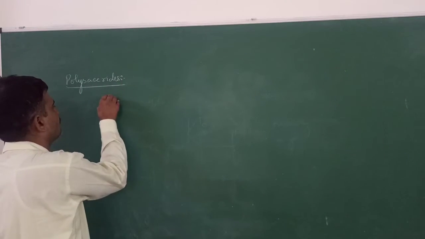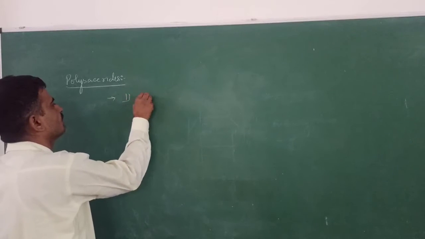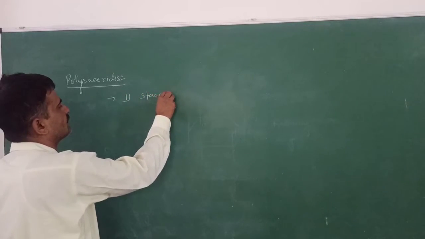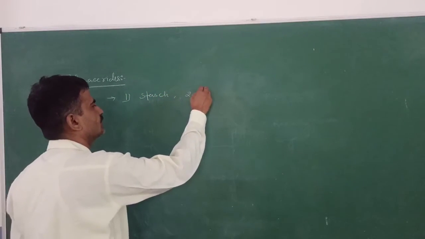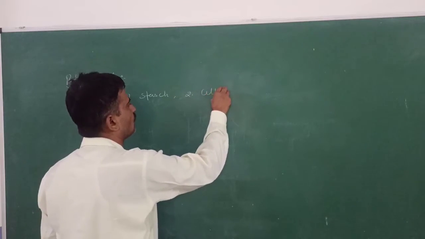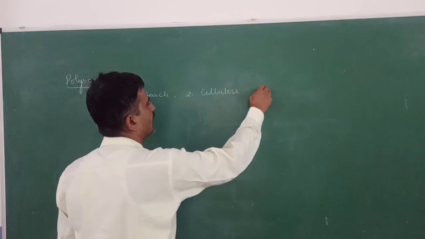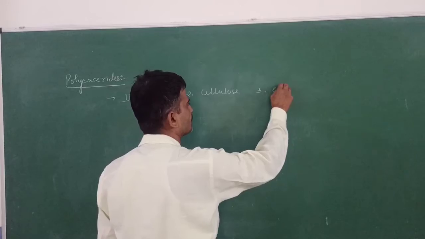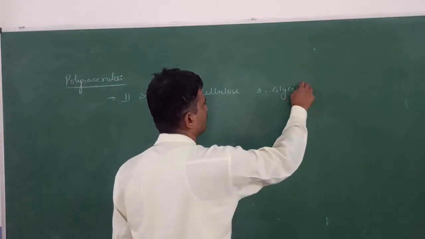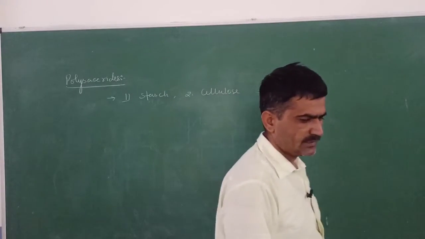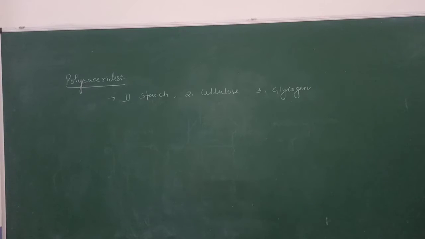The three examples in our syllabus: first is starch, second is cellulose, and third is glycogen.